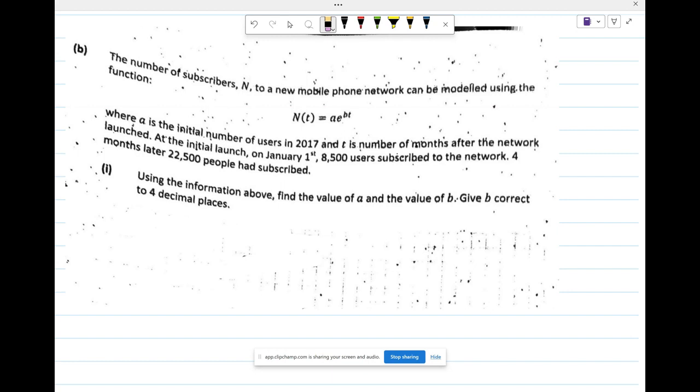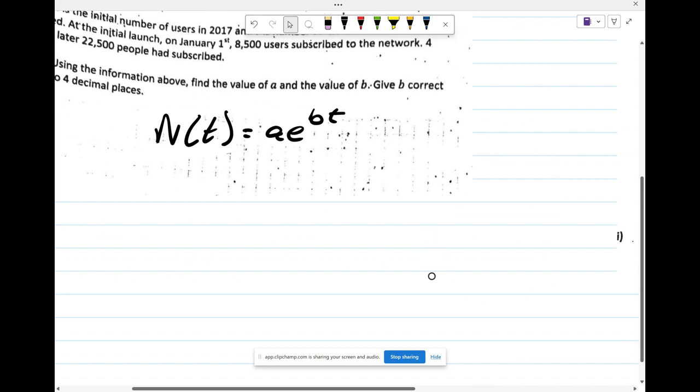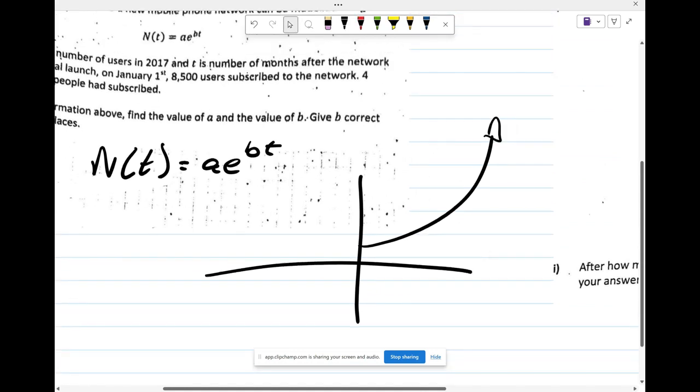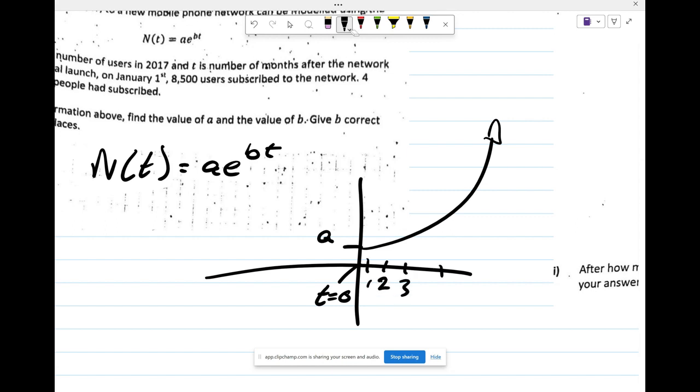Okay. So we have our function N(t) is equal to Ae^(bt). If we draw this out, it's going to look something like this, and it'll get exponentially bigger. And so this here is our value for A. This is the output when we just start, when t is equal to 0, so we don't go out any spaces.